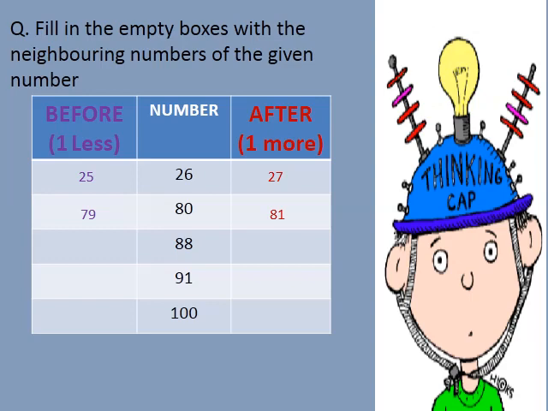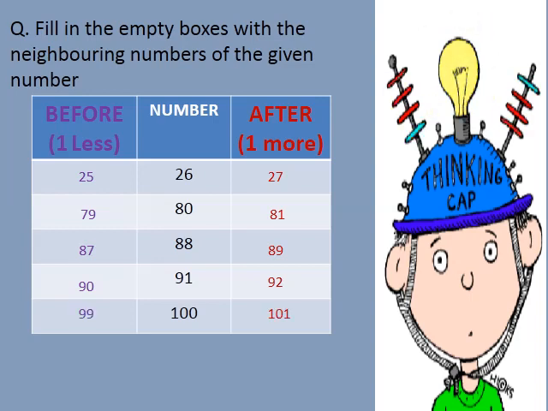I hope you might have finished it. So it is 88. What comes before 88? Yes, it's 87. And after 88? Correct, it's 89. So if you read it, it's 87, 88 and 89. The number before 91 is 90 and that after 91 is 92.